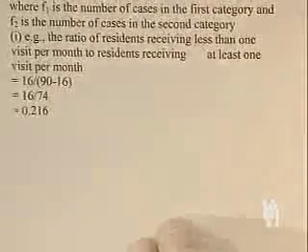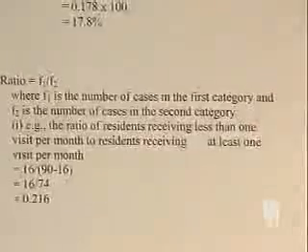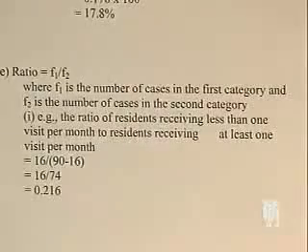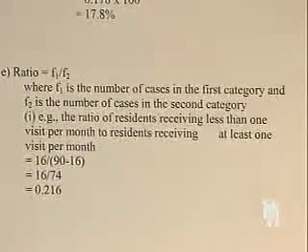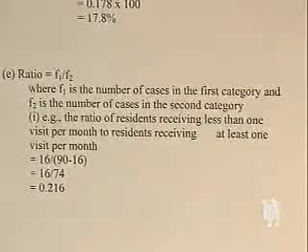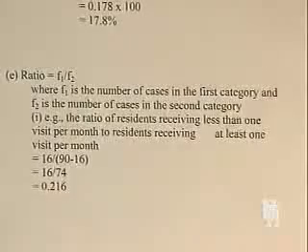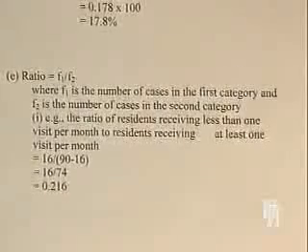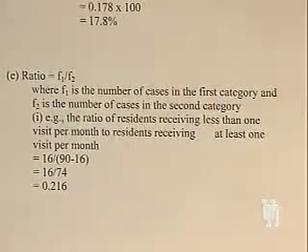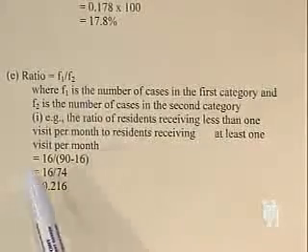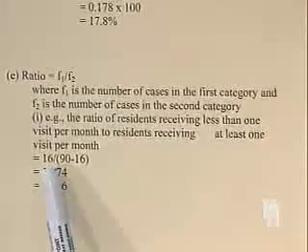Then finally, you were required to compute the ratio, which is F1 divided by F2, where F1 was the number of persons who had received, on average, less than 1 visit per month, and F2 was the number of persons who had received at least 1 visit a month. Well, you've already computed the number of people who received less than 1 visit a month. That was 16.